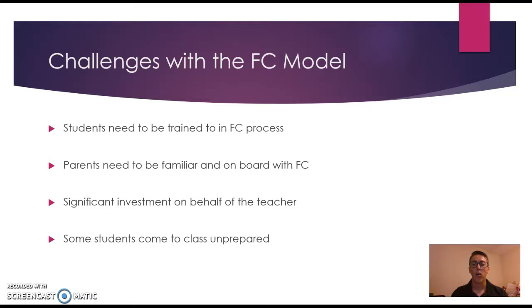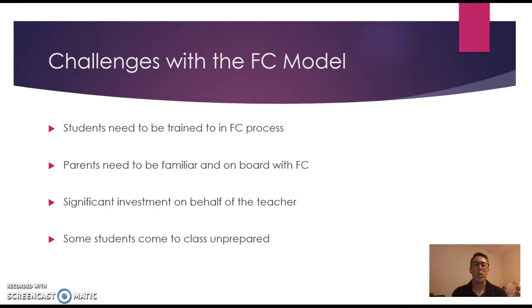They need to learn how to manage all of that. And also our parents need to be familiar and on board with this model because oftentimes, especially with our young kiddos, our parents are involved in any kind of homework, and so they're going to need to know how to support their kids in accessing the online material.